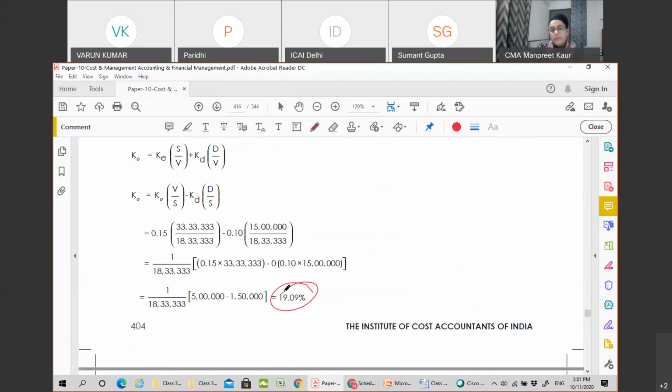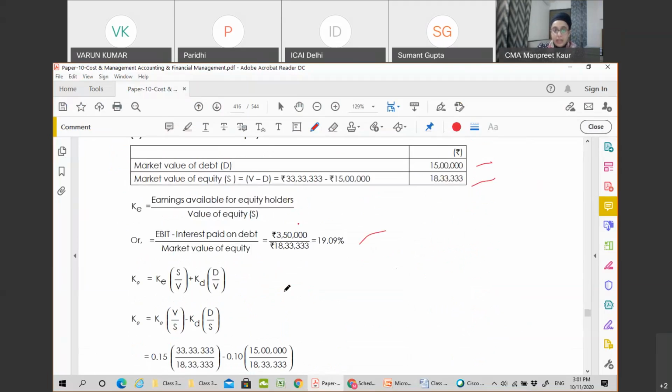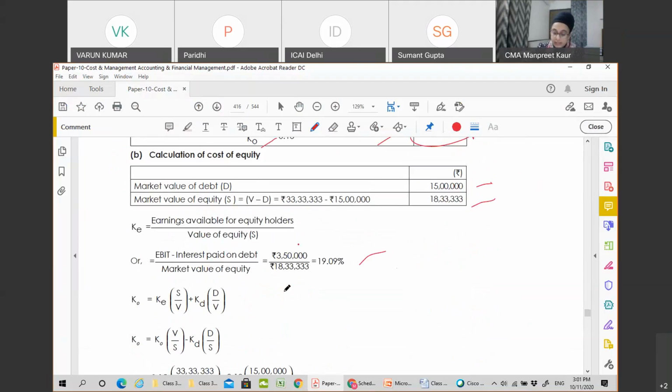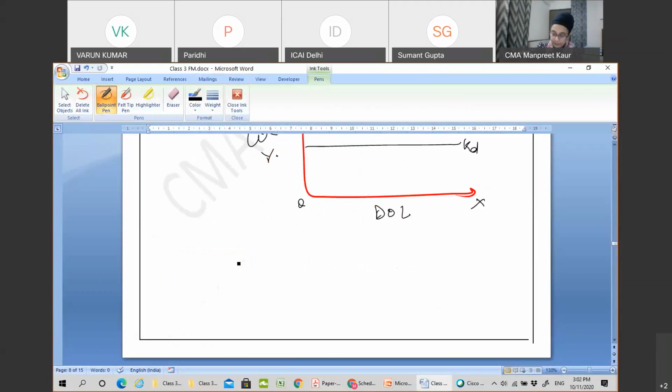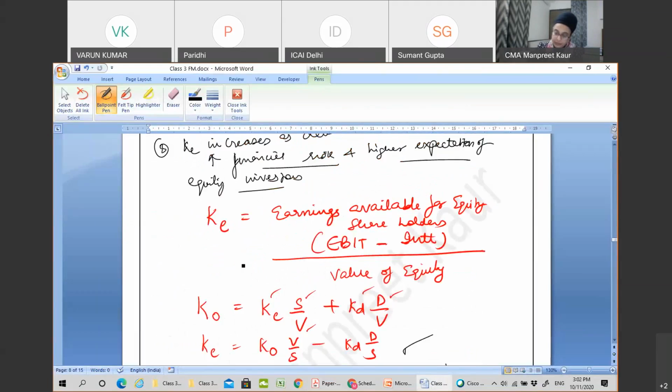With this formula, this is also the same. So KE is also earnings available for equity share capital divided by the value of equity. I will also write here.